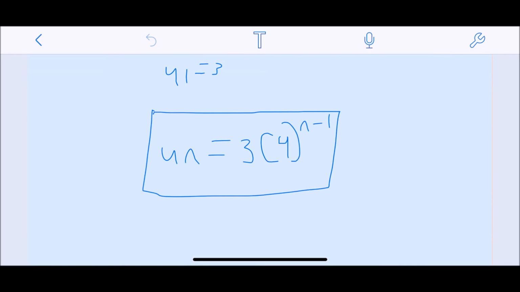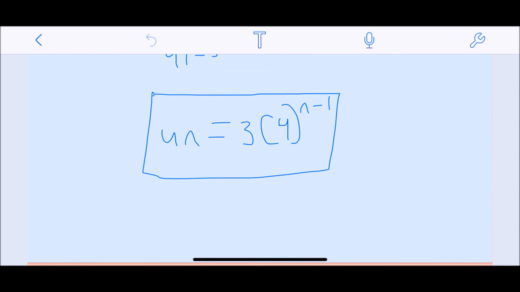And 4 to the 4th is actually 256. So we're left with 768 equals 256 times u sub 1. If we divide that, we get u sub 1 equals 3, which is a nice number. And for the general term, now that we have everything, we can just write it as u sub n equals 3 times 4 to the n minus 1.